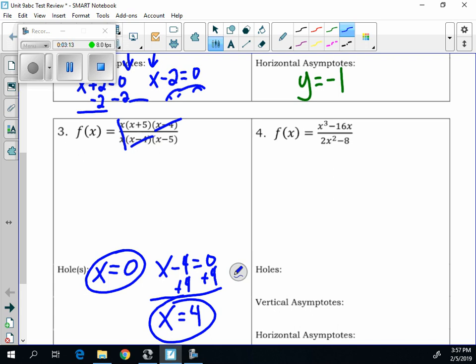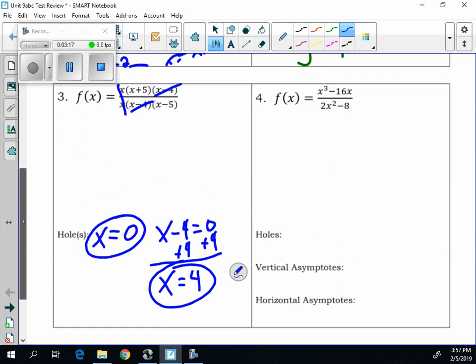There is a y coordinate that comes along with it. If you really want to know the y coordinate of the holes, you would just substitute into the simplified form. So we substitute in to find the y value of the hole. You substitute in 0. The left side doesn't mean anything, it just means you're substituting in 0.